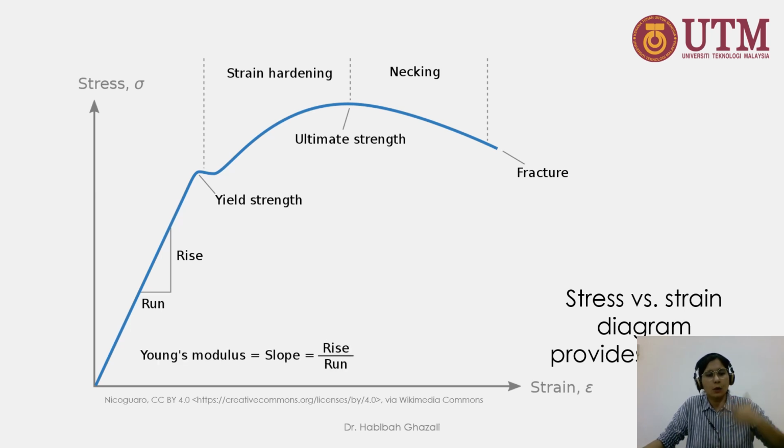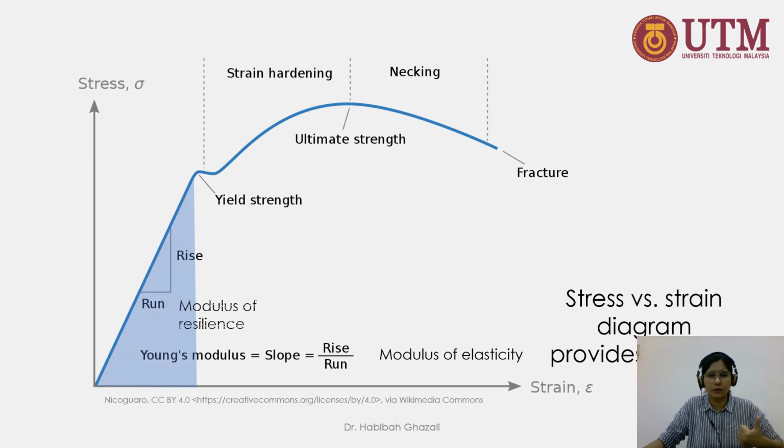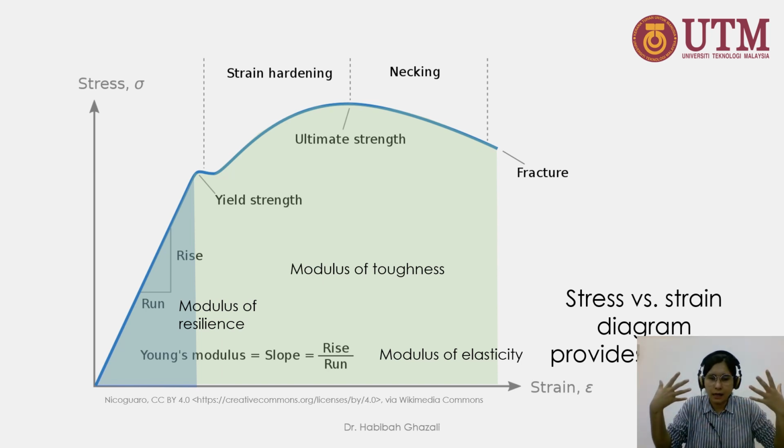On top of that, we can also define the modulus of elasticity, the modulus of resilience, and the modulus of toughness, or how much energy it can absorb before it starts to fracture. So just by doing one test, we can gather a lot of information about these materials. You can see how important tensile testing is to engineering materials.